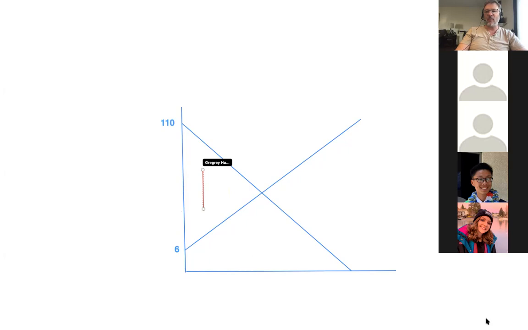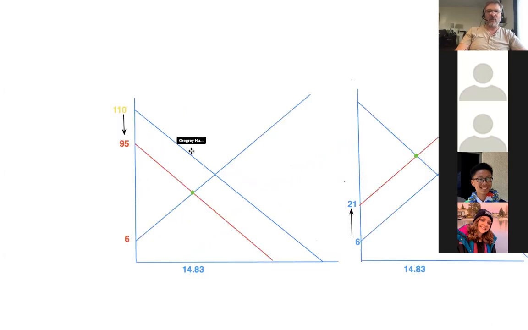So I'll go back here, and it's supposed to represent this distance. I'll draw it again, let's say in orange, and maybe I'll do a double headed arrow. It's supposed to be this distance here, okay? And that represents the amount of the tax. It's the amount that we shifted the demand or supply.